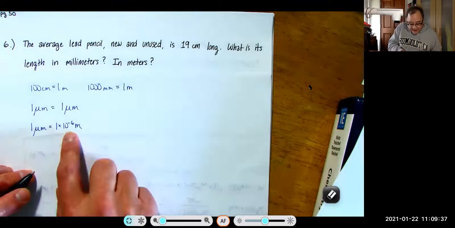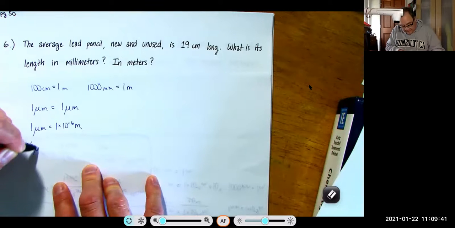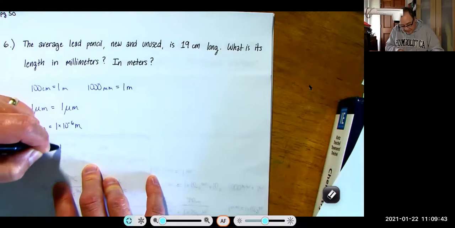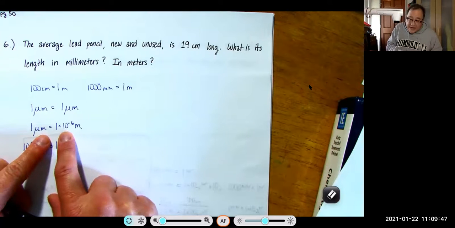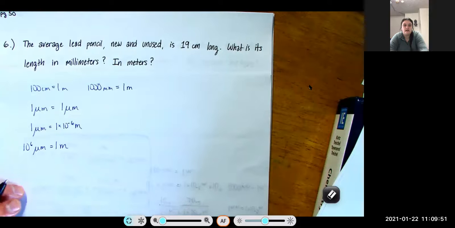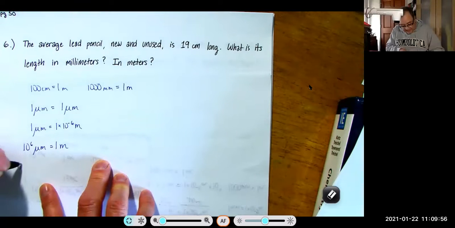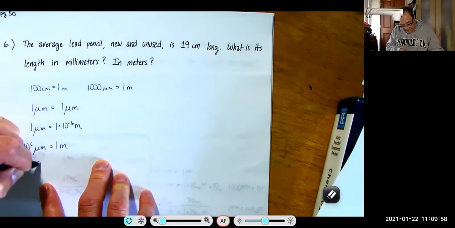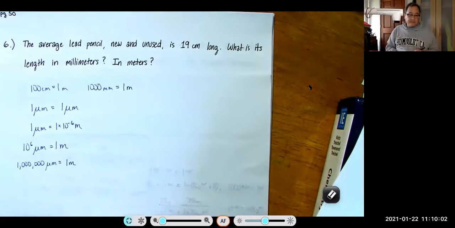And then if I take this to the other side, see, that's kind of a neat trick. If you have 10 to the negative exponent, when you move it to the other side, it becomes positive. So what is 10 to the 6? It's 1,000,000. So that would be correct, 1,000,000 micrometers.